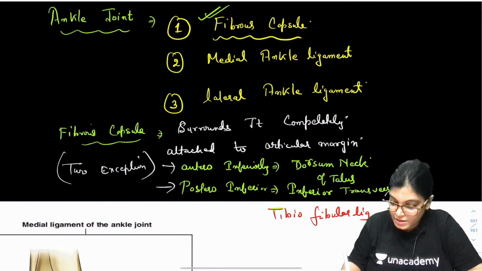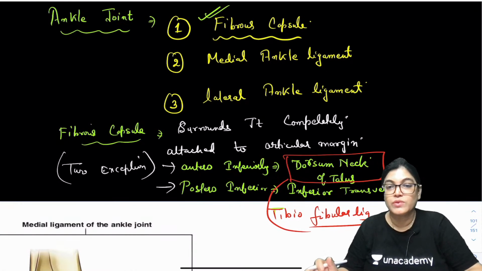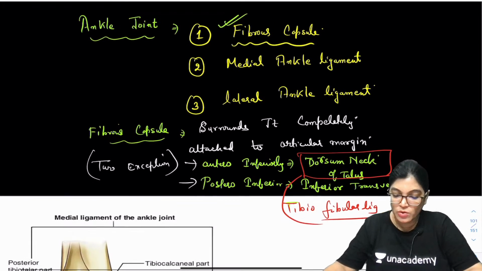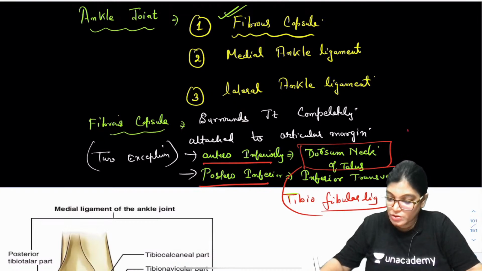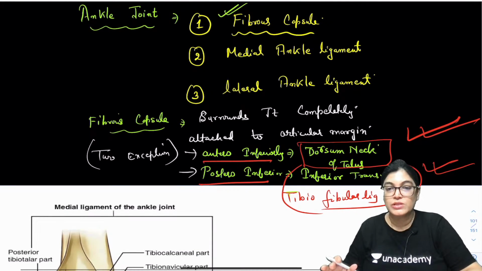See here, this structure is the inferior transverse, and the upper part is going towards the neck of talus. I think it is visible. Are you understanding? Let me know. So antero-inferiorly to the dorsum of the neck of talus and postero-inferiorly to the inferior transverse tibiofibular ligament.